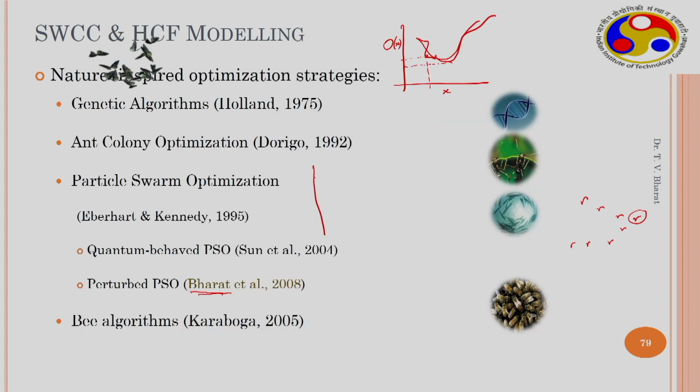For example, you have two parameters x1 and x2. You can choose initially some number of solutions in the search space. The x1 in our case could be A, and x2 in our case could be M or N. So for this two-parameter optimization problem, this is the search space.